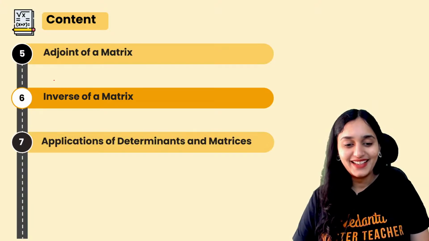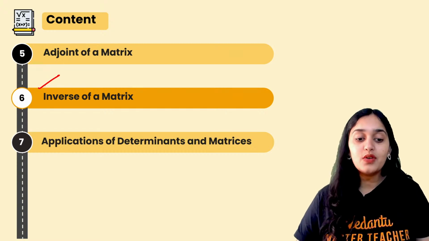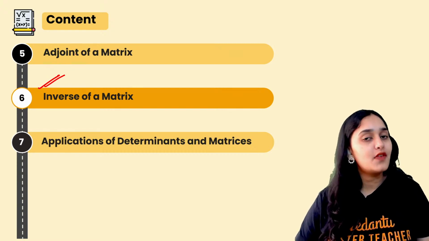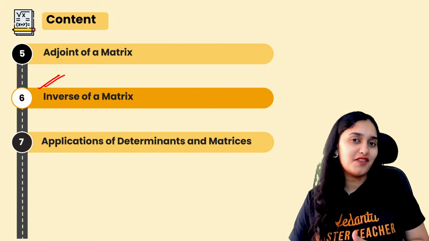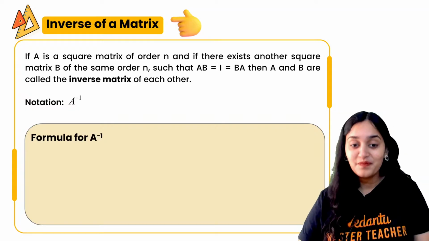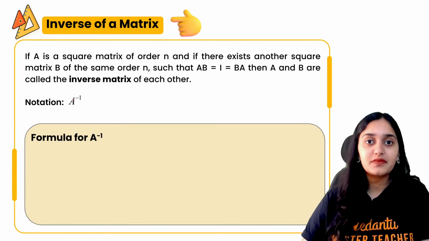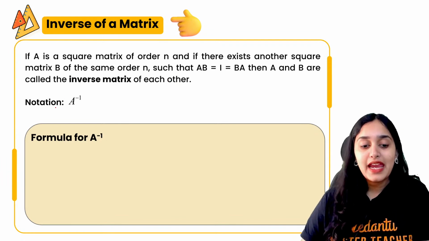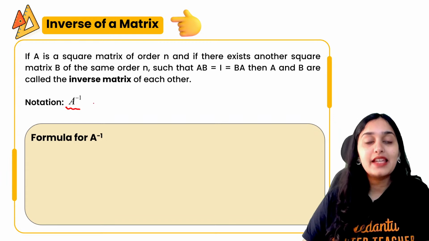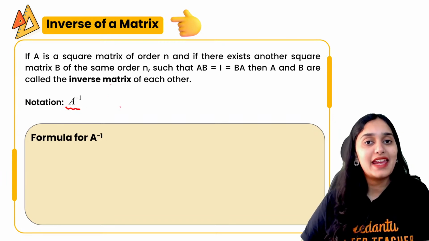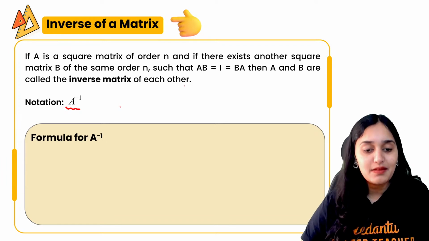Next is, how do we find the inverse of a matrix and what is the inverse of a matrix? So basically, if you have a matrix A, then A inverse is a matrix which when multiplied with A results in the identity matrix.